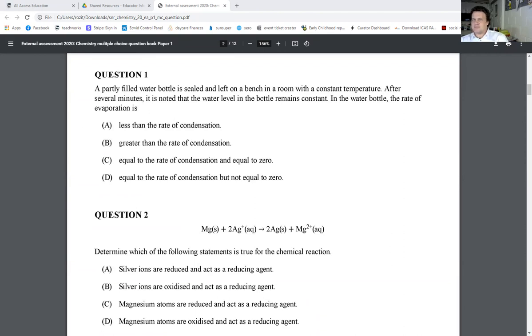Any ideas? Ross, what do we got? Is anyone there?